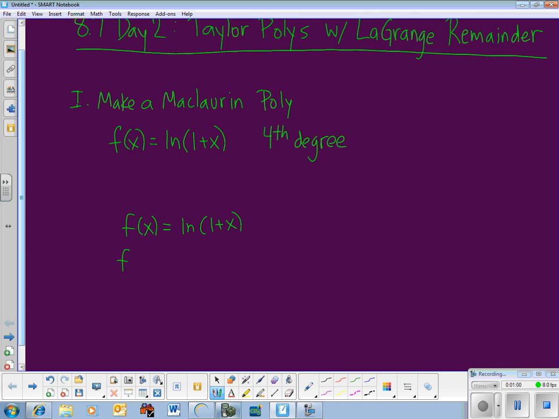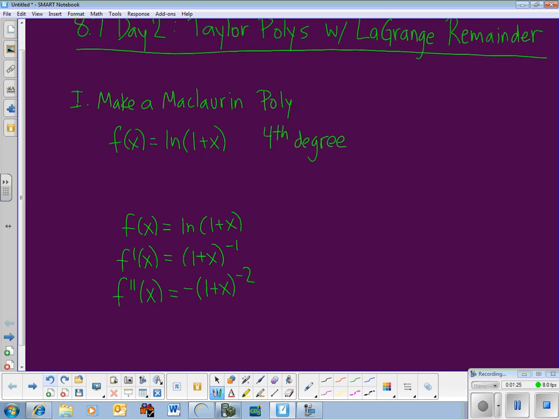So you might think with this natural log function, those derivatives will be real difficult, but it's not bad. The derivative of the natural log of something is 1 over that something. So I'm just going to write it like (1 plus x) to the negative 1. And then this pattern of derivatives seems pretty simple. Negative 1 times (1 plus x) to the negative 2.